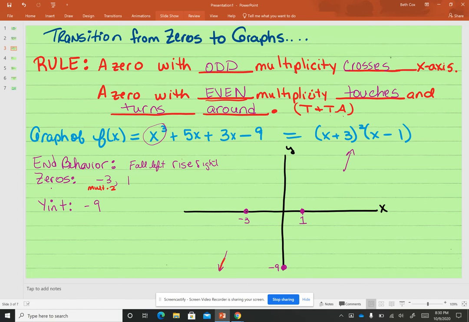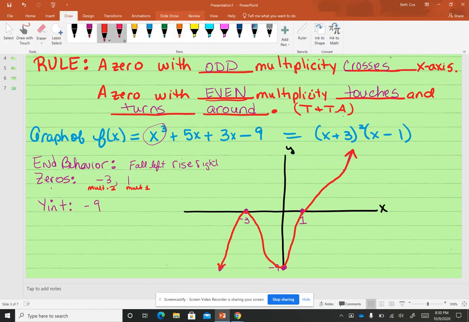When I go up this way, I'm going to touch it and turn around. And then the 1 has multiplicity of 1 because it only shows up once. So I'm going to go up and then bam. This is kind of what our graph looks like. So we look at the zeros and we can determine kind of what it looks like.